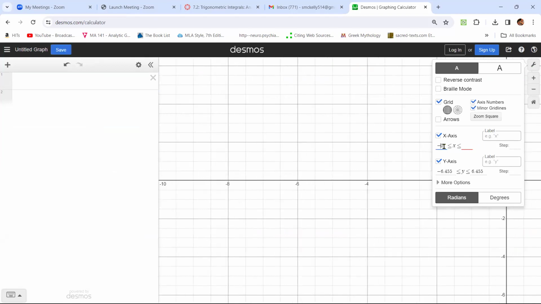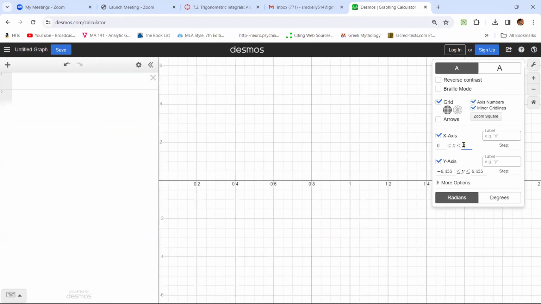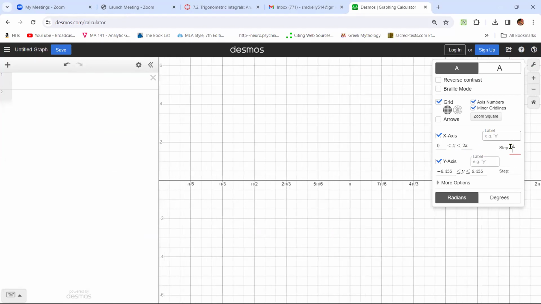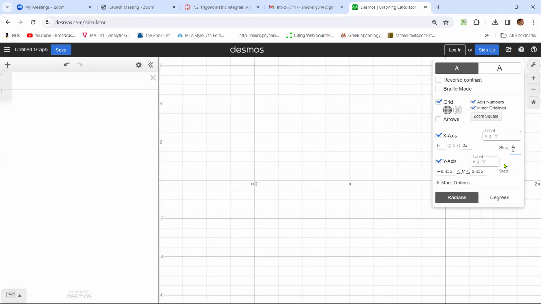We're going to graph from 0 to 2 pi, and we're going to step or increment by pi halves.